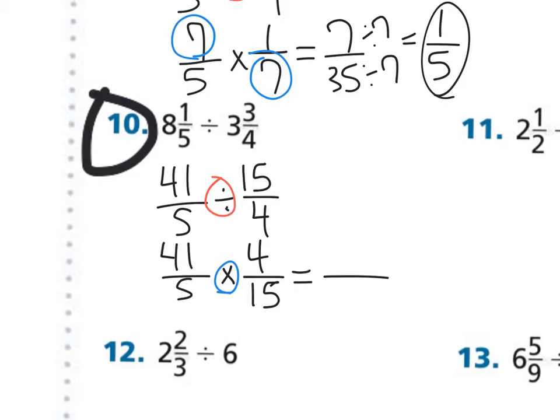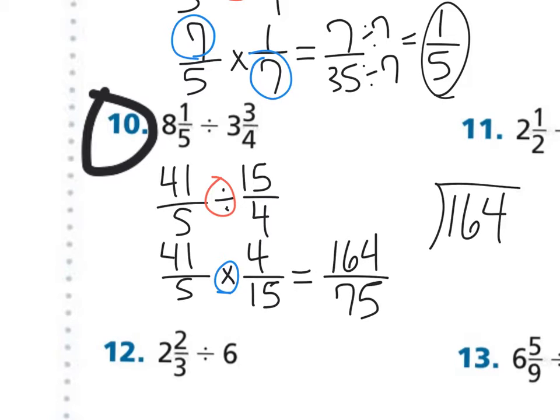41 times 4 is 164. 5 times 15 is 75. And definitely be working stuff out to the side here. Don't feel like you've got to just try to multiply that all in your head. That's an improper fraction, so we're going to change it to a mixed number.